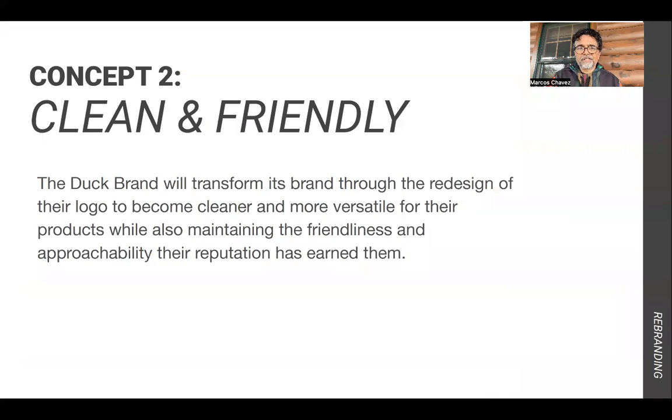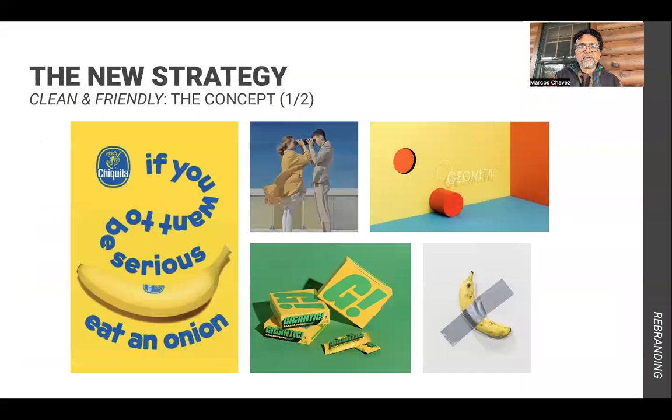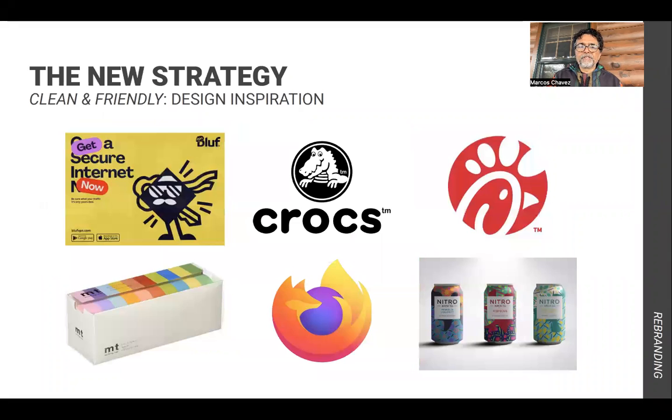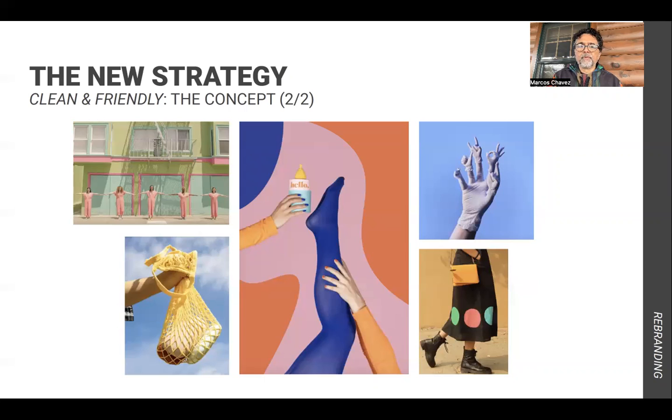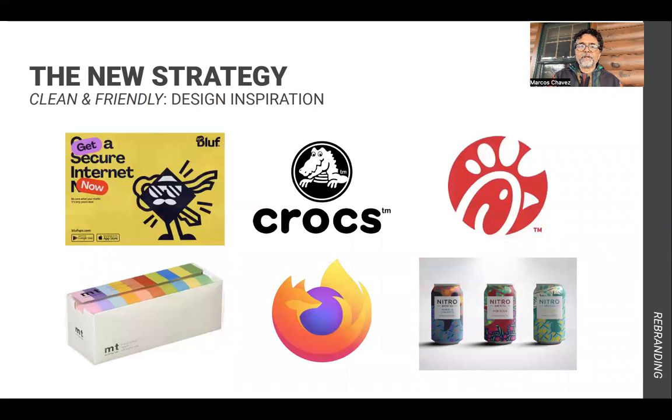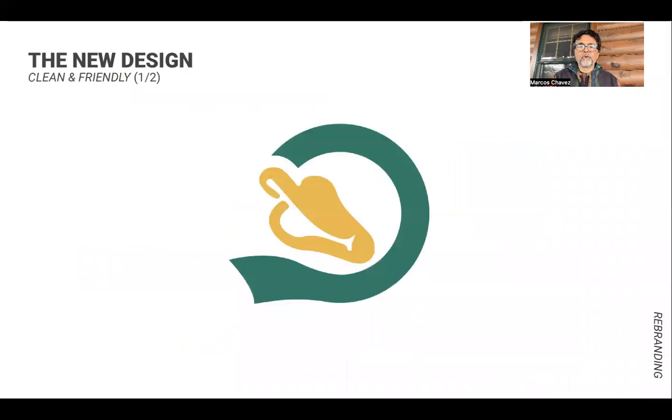So we end that section now, and we come to concept 2, same thing, a statement, visual mood board, and then design inspiration, and then the logo option 2. And in this case, this student has two concepts, but there's two logo options in the second concept.